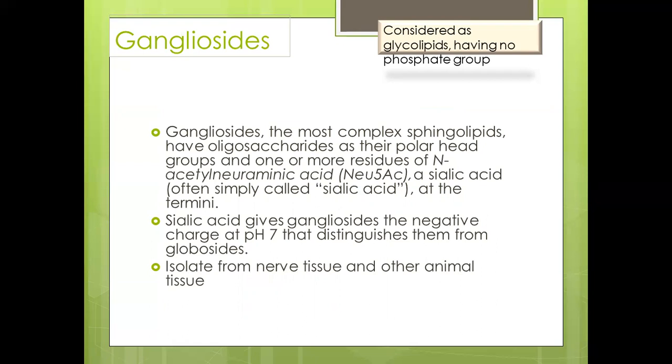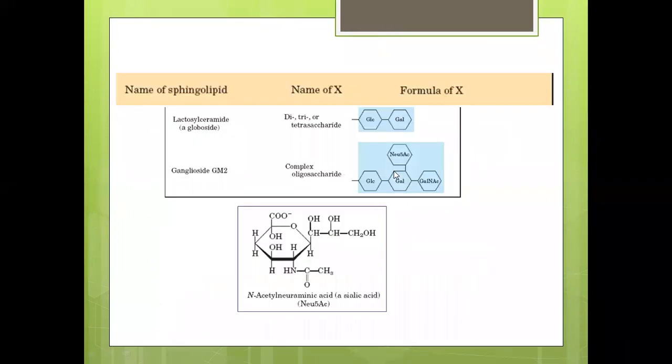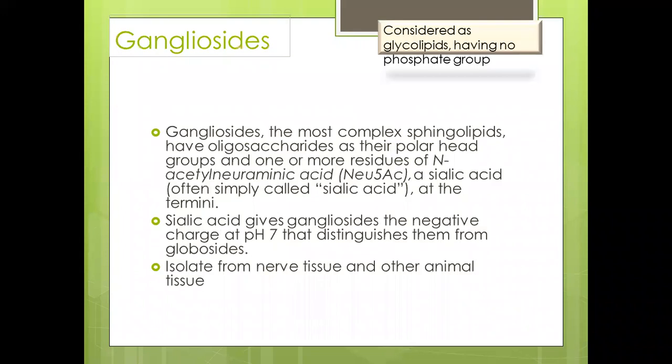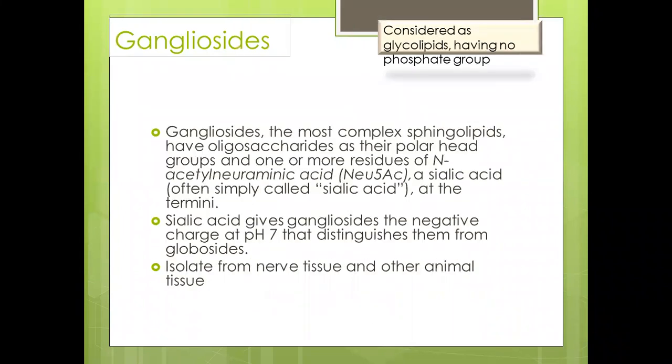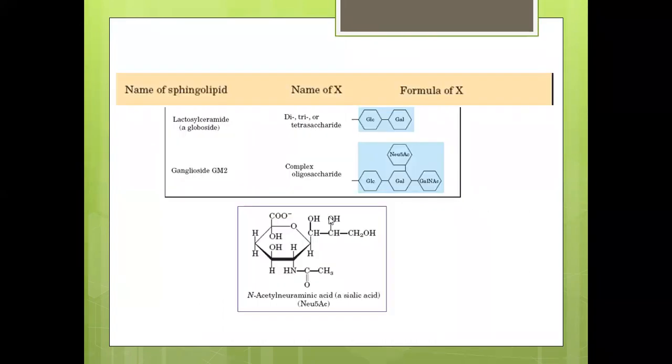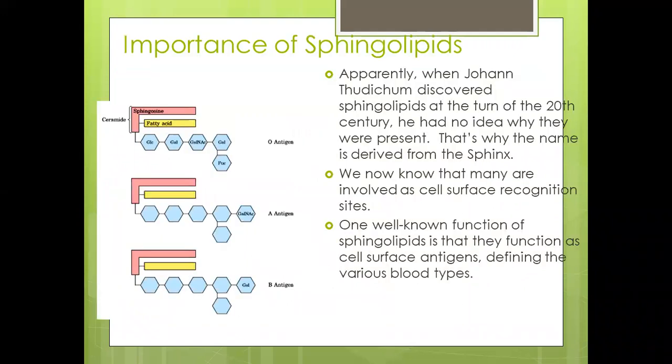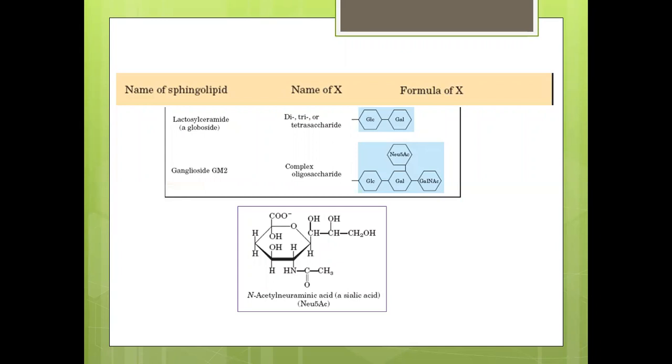So again, in these gangliosides, they are complex sphingolipids, but you can see here, you don't see any phosphate group in the structure. Okay, so also you can have lactosylceramide, okay, depending kung unsang imuhang X nga ma-add sa imuhang formula.